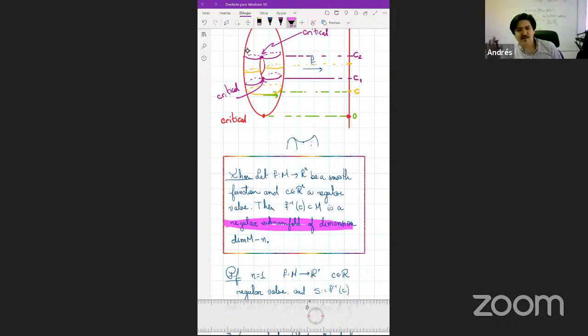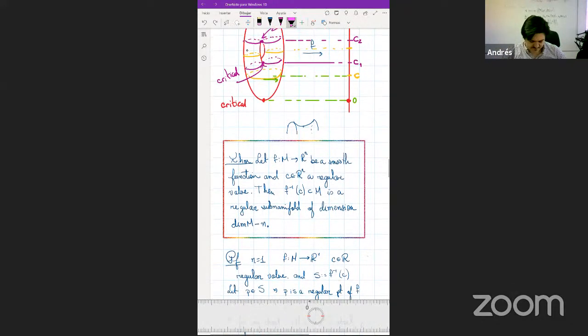We need to find a chart with some specific conditions. Okay then. I take any point on S, and I know that that point is a regular point by definition.